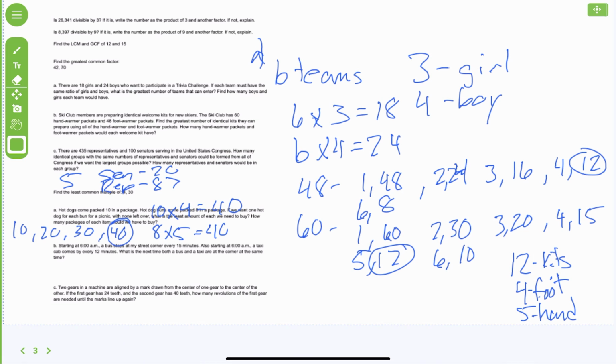Which means I have to buy 4 packs of hot dogs and 5 packs of buns. Not 40 of each, but 40 combined. Okay?